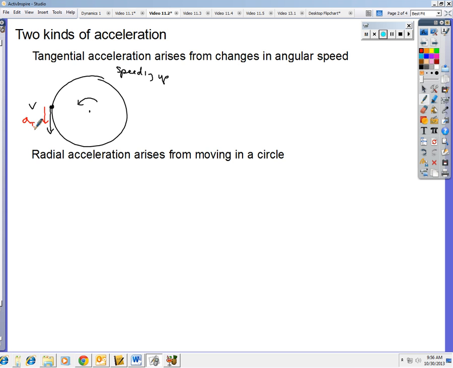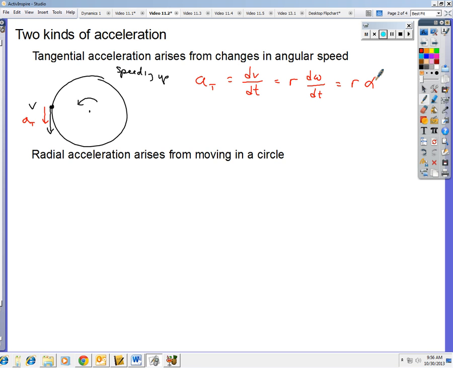So the tangential acceleration is the change in the speed per unit time, which is also the same thing as r times d omega dt, or r times alpha, where alpha is the angular acceleration. And that points in a direction tangential to the circle.